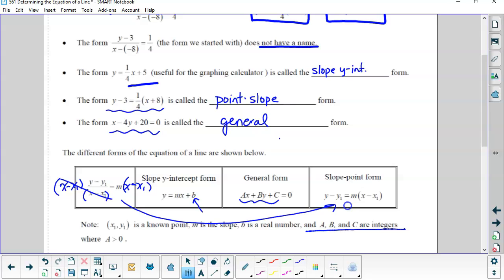You're going to need to multiply the whole equation by a number to get rid of the fraction or the decimal, okay? So powers of 10 if they're decimals, or whatever the common denominator is. Also, the A value has to be positive, greater than 0. So we'll work at that as we go through.